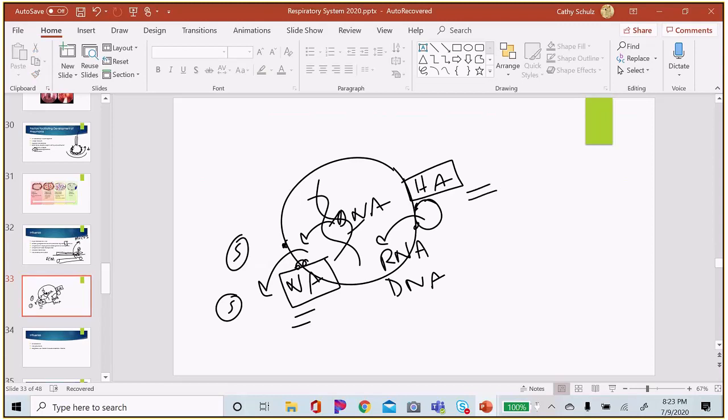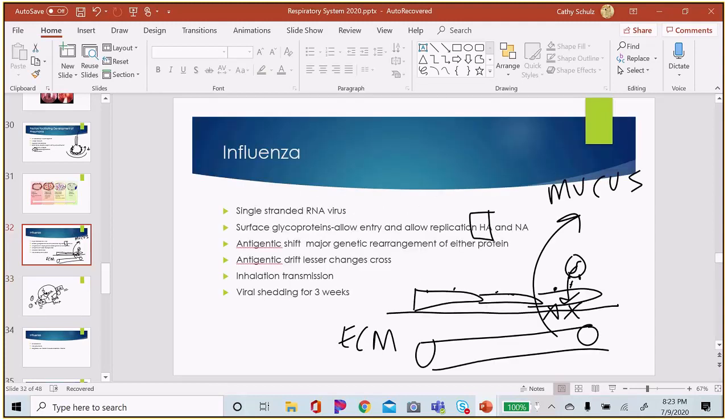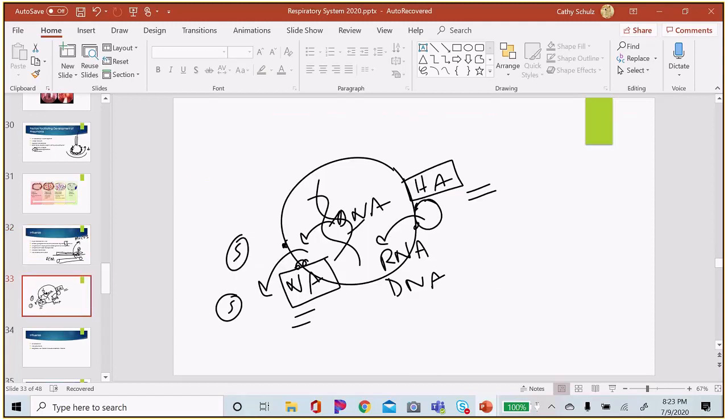The other reason is there can be changes in the HA and NA proteins every year. There could be a small drift in those HA and NA proteins, or a major genetic shift, a major genetic rearrangement of those proteins. So, we had H1N1, that's telling you which family of these proteins we're dealing with right now, which strain it is.